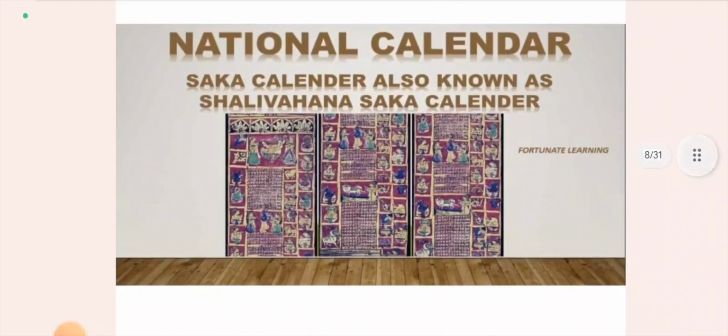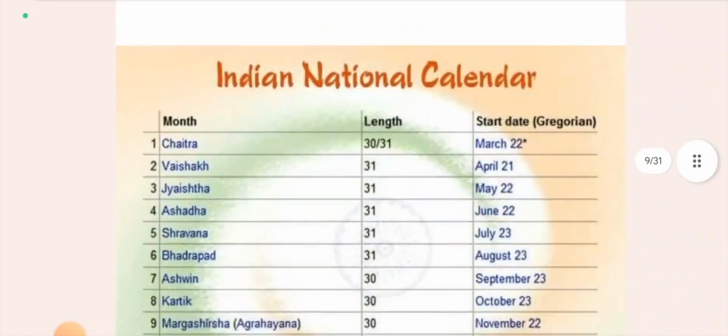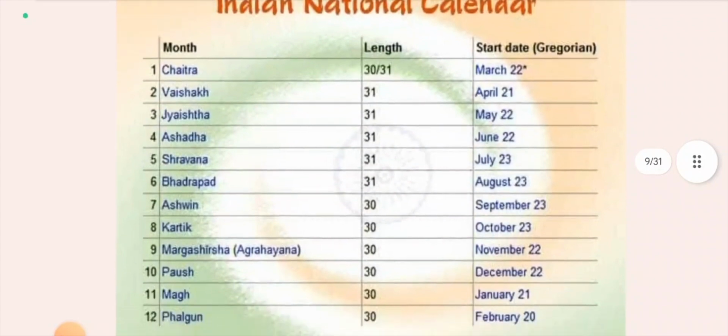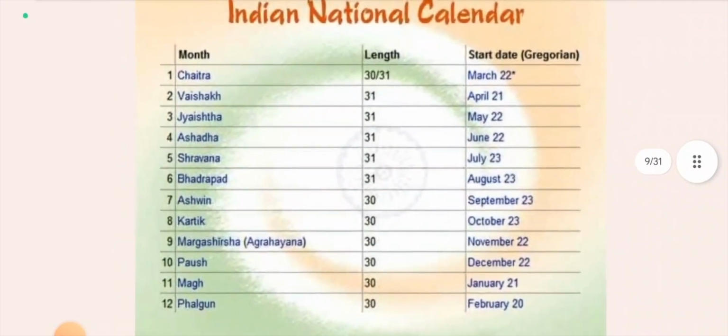Saka calendar, also known as Shalivahana Saka calendar, the Indian national calendar. The months are given here. The 12 months in our national calendar are Chaitra, Vaishakha, Jyeshtha, Ashadha, Shravana, Bhadrapada, Ashwin, Kartika, Margashirsha, Agrahayana, Paush, Magha, Phalguna.